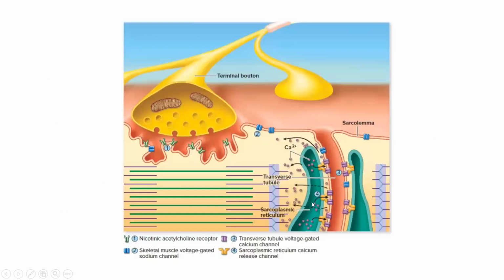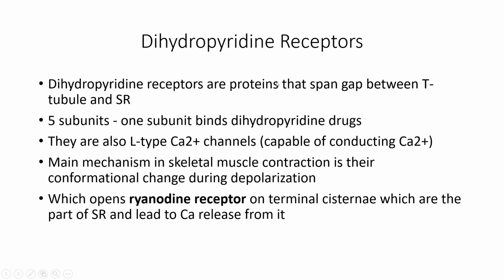This is our sarcoplasmic reticulum, where calcium is stored, and it is similar to the endoplasmic reticulum, but it's specifically for calcium storage, and it's called sarcoplasmic in muscle tissue, specifically muscle cells. So the dihydropyridine receptors are located between the T tubules and the sarcoplasmic reticulum, and they are also called L-type calcium channels, and they are capable of conducting some calcium.